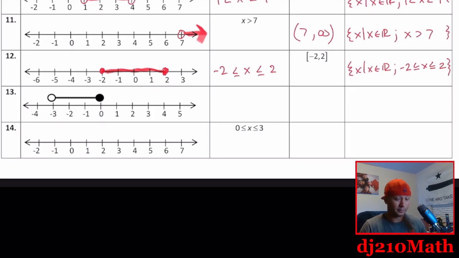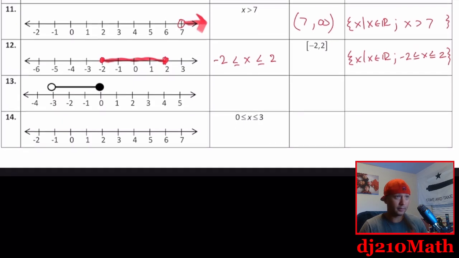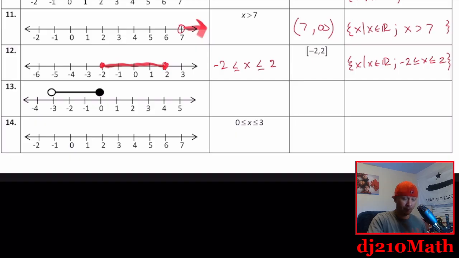We're almost done. 13. We have -3, open circle, 0, closed circle. So -3 strictly less than x, less than or equal to 0.